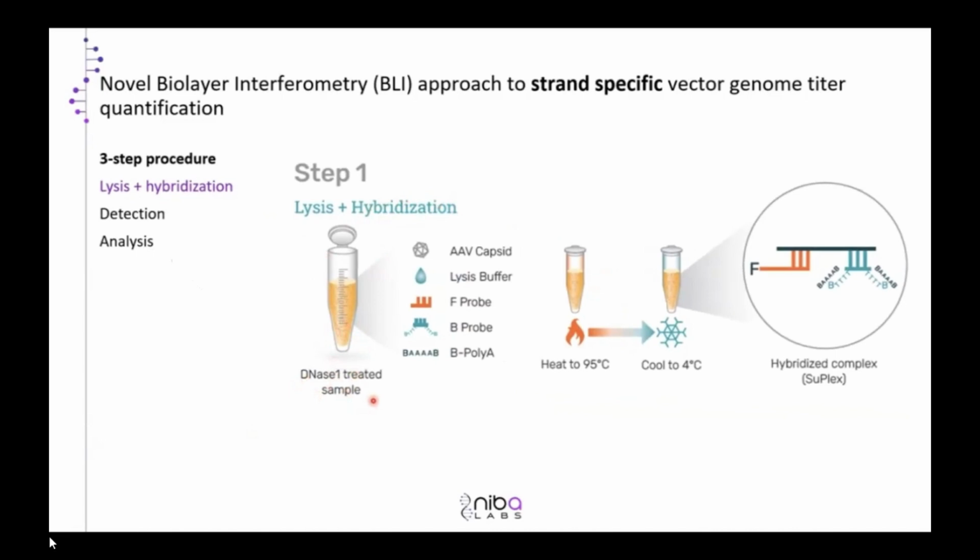You add lysis buffer, oligos that will bind to the specific target region, and also some additional biotinylated polyA oligo. You heat the sample to hybridize oligos to the DNA that will be exposed, cool it down to 4 degrees, and in such a way you get this hybridized complex of oligos and the target of interest.